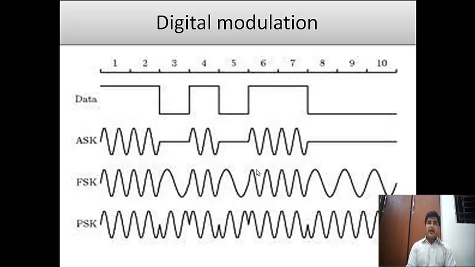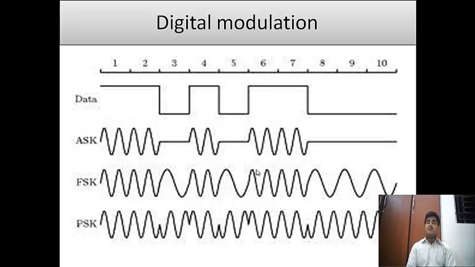There are three types of digital modulation: amplitude shift keying, frequency shift keying, and phase shift keying. These are the three different types of modulation which we are discussing in digital modulation. Digital modulation has many advantages over simple analog modulation and analog communications.